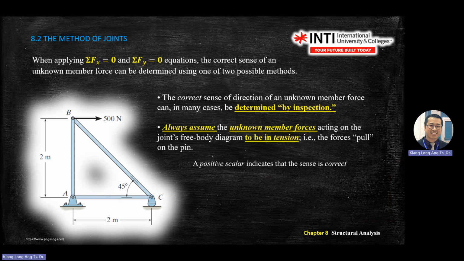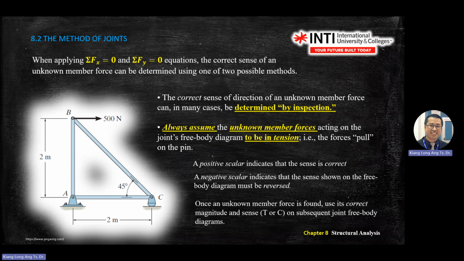So this is a guideline. Always assume unknown member forces acting on the members in the diagram to be in tension, the force pulling out from the pin. If you really don't know, you assume every arrow points out. Then you calculate, and if you get negative, you flip the arrow back.